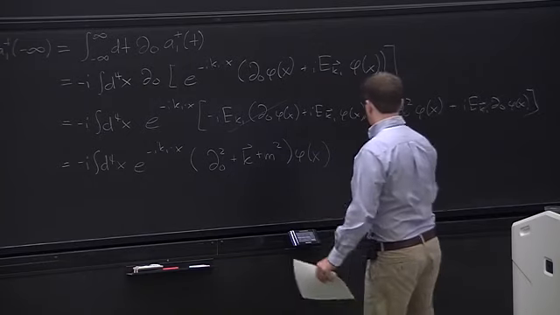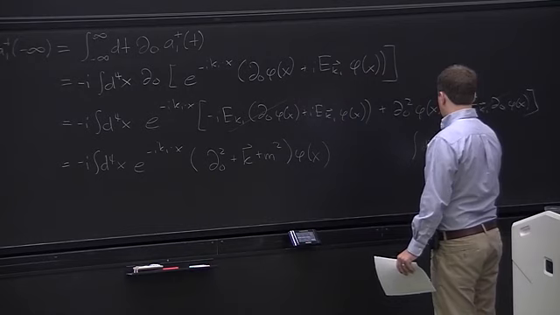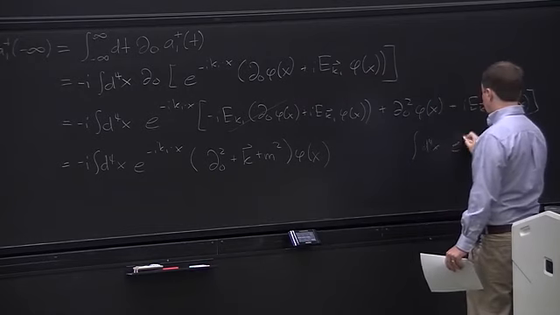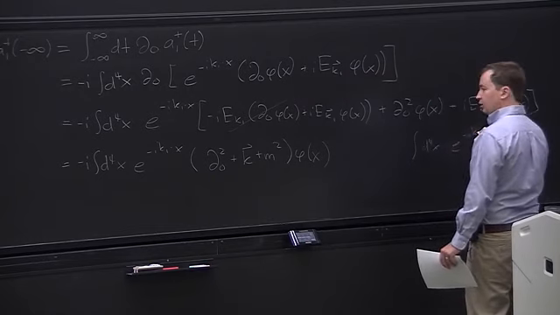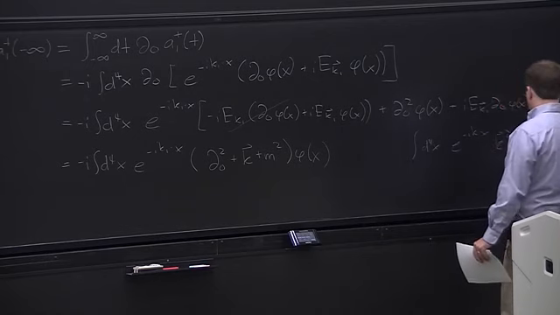And we can write the integral of e to the minus i k dot x of k squared phi of x.